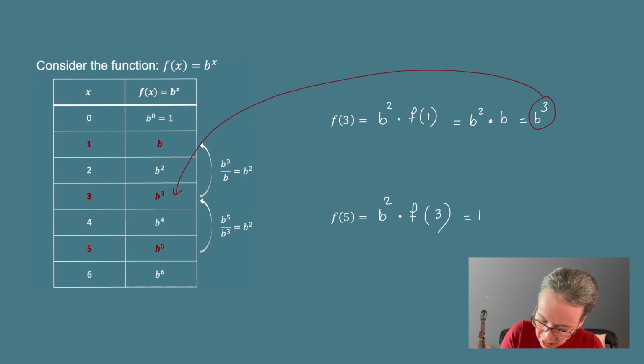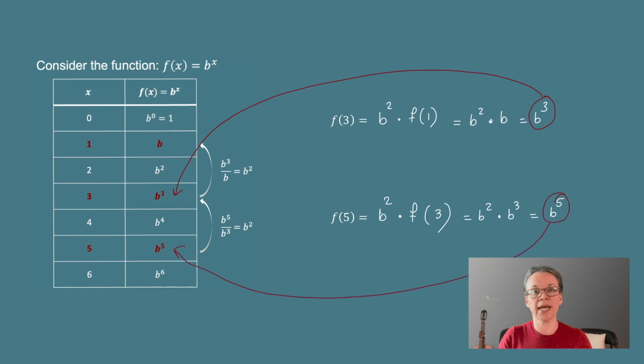So then that's going to give us b squared times f of 3. And if you go to the table here, f of 3 is b to the third. So we're going to have b squared times b to the third, which gives us b to the fifth. And this is exactly what we needed to get.